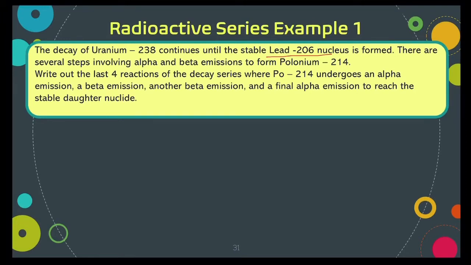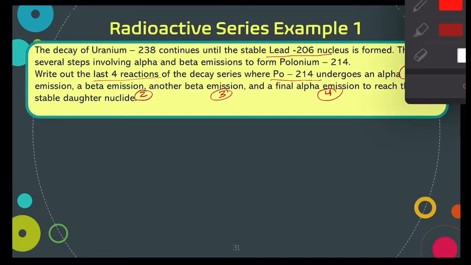We are going to write out the last 4 reactions of the decay series where polonium-214 undergoes an alpha emission. That'll be our first reaction. A beta emission, that'll be our second reaction. Then another beta emission, that'll be our third one. And then a final alpha emission. So these are our 4 reactions that we will write together.